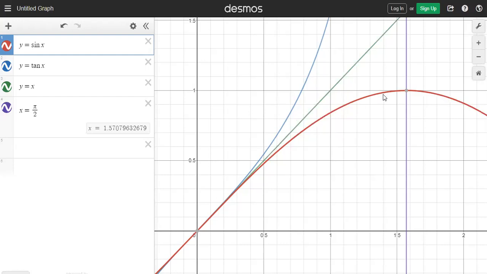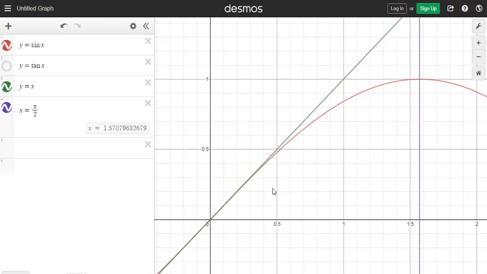So now what do you think happens? Let's ignore tan for the moment. Let's look at sine. When x gets smaller and smaller, what do you think happens to sine x, which is red, and x? What can you tell me about their values? The value, so it's pretty close. Yeah.